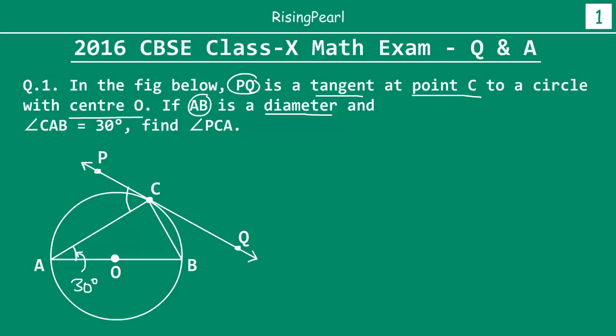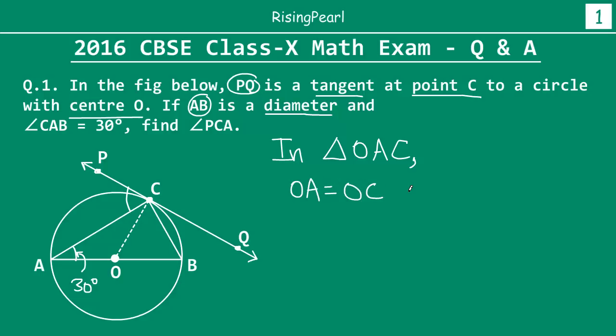Well, what we are going to do is one short construction. We are going to simply join the point C with the center point O. Now after you have joined them, let's take a look at the triangle. In triangle OAC, notice that OA is equal to OC.